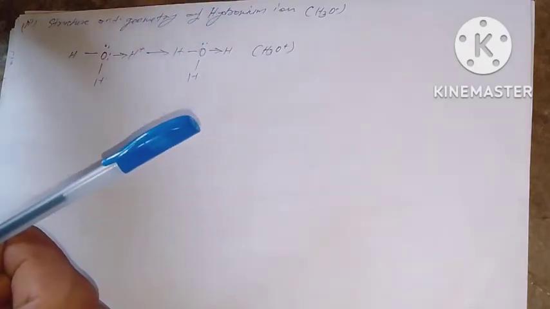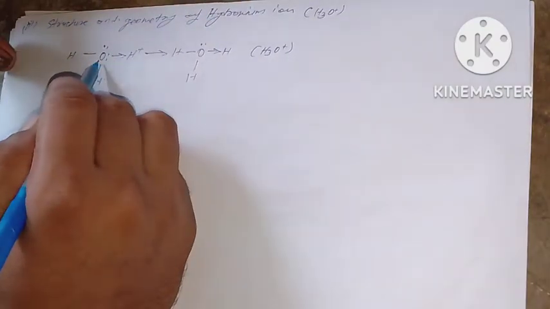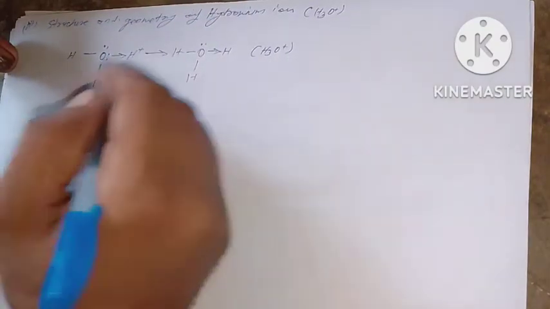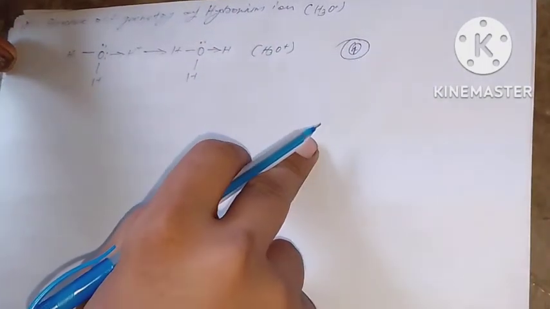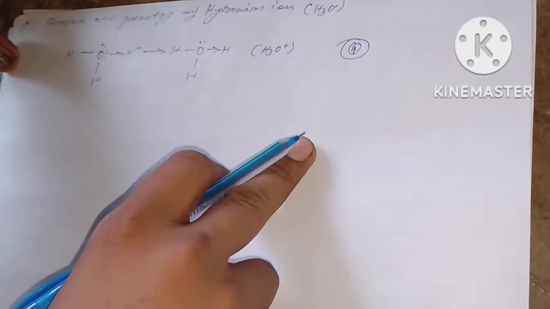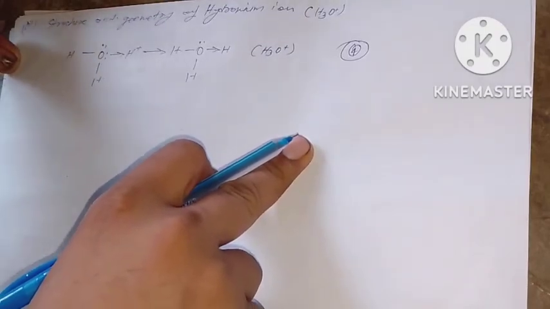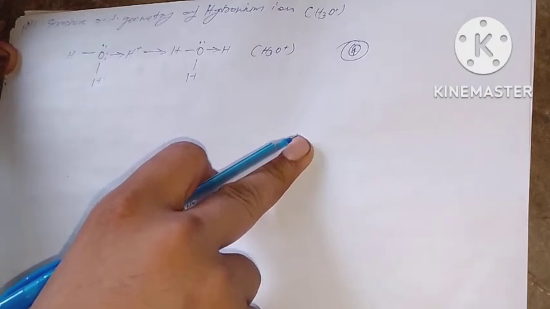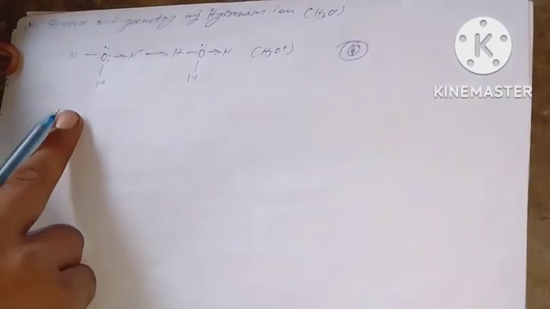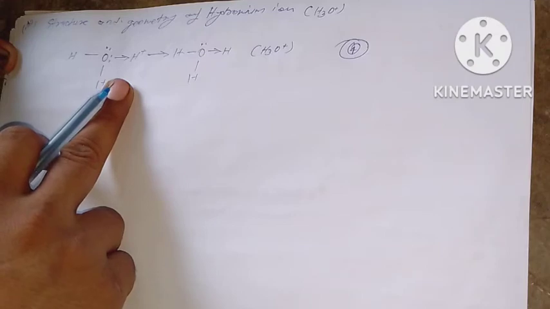In hydronium ion, the central atom oxygen has 4 electron pairs in its valence shell. Out of these 4 electron pairs, there are 3 bonded electron pairs and 1 lone pair, okay.